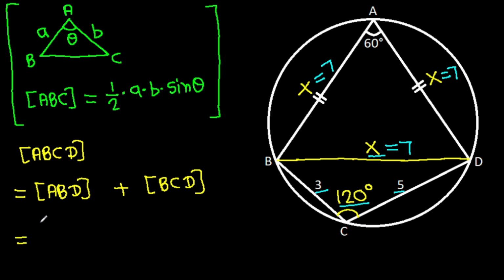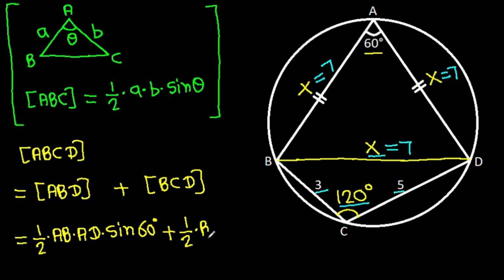Area of ABD will be 1 over 2 times AB times AD times sine 60 degrees, plus area of BCD will be 1 over 2 times BC times CD times sine 120 degrees.